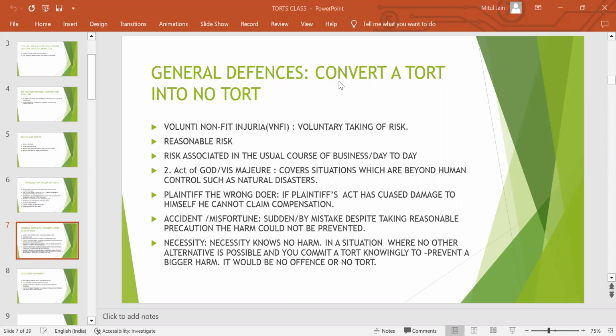One cannot say, "Brother, you came to save me yourself, so if you are injured, what is my fault?" No. If you suffer certain injuries while saving someone, then in that situation a person would be liable.